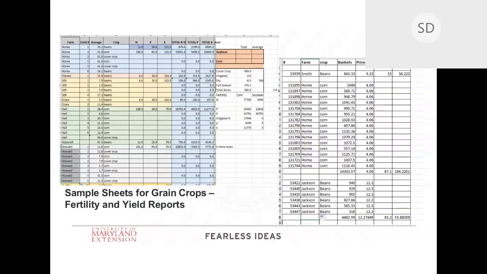Here in Maryland, it's important that we report on nutrient management. So we need to tell the state how many acres were grown of each crop and what the amount of nitrogen, phosphorus, and potassium were put down on the various crops. And so it's really, really important that those type of records are kept.